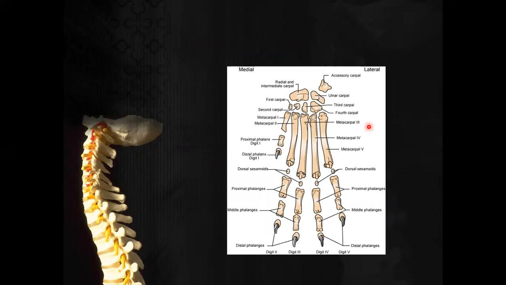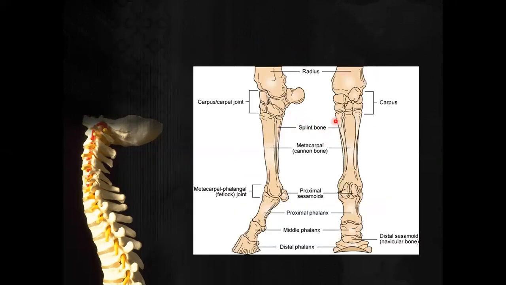So there's our hand showing the metacarpals. And here's a picture of our horse. Again, you can see that the third metacarpal is the weight-bearing bone because it was the most centrally located.